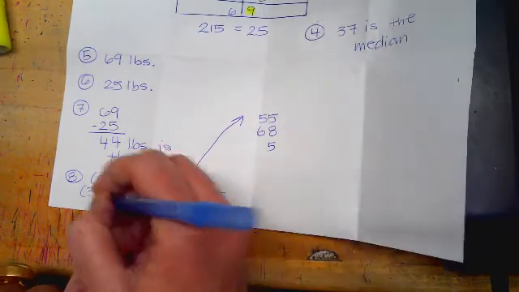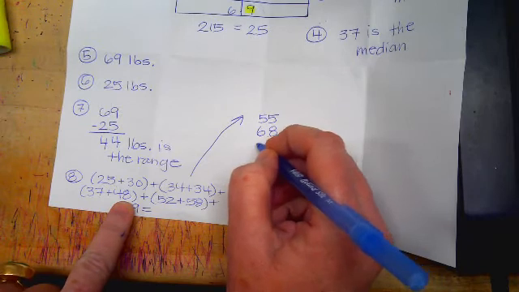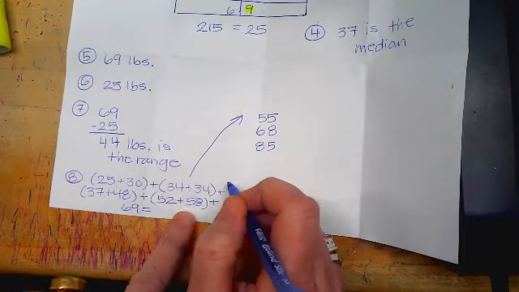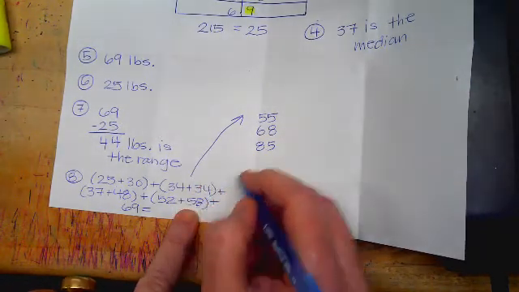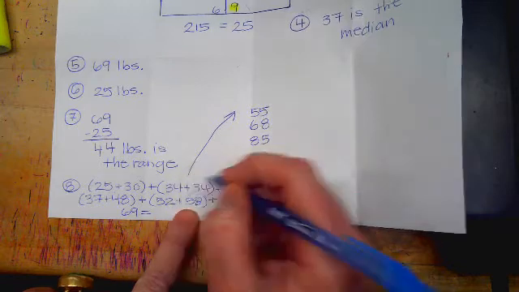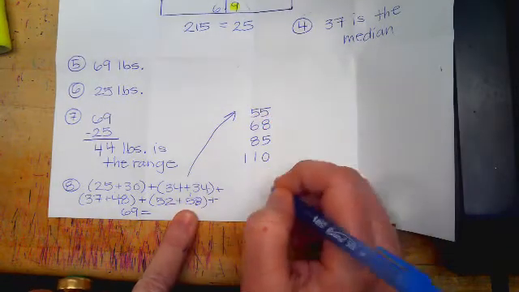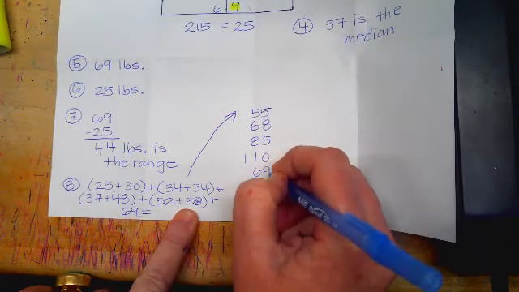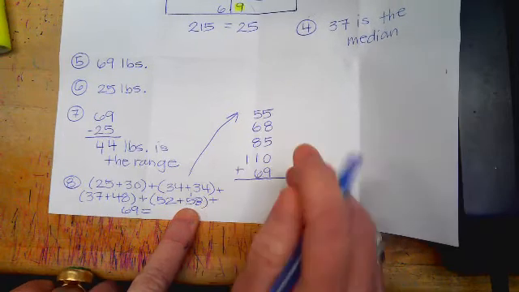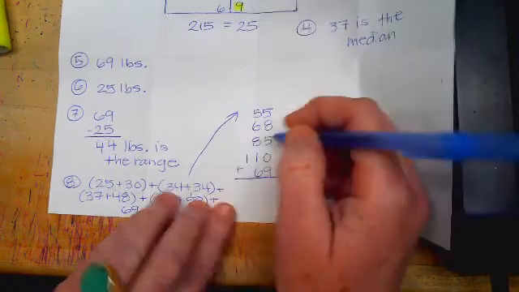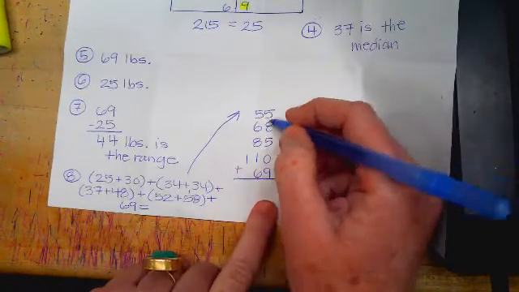This next chunk is 68. This next chunk is 5, regroup the 1, is 85. This next chunk is 8 plus 2 is 10. Regroup the 1 and we get 110. And then we have to add 69.